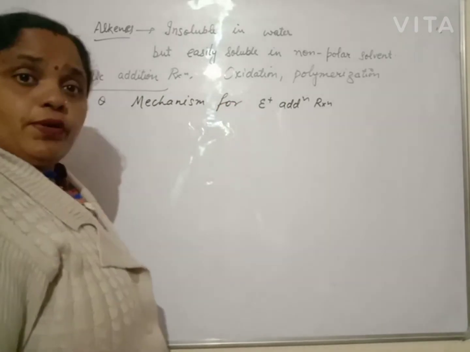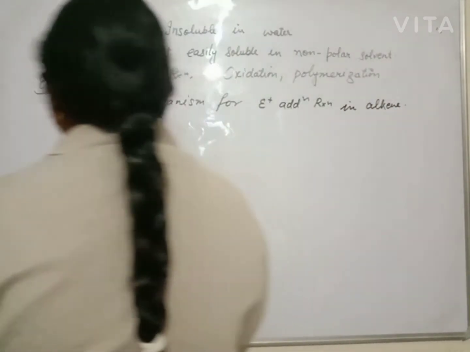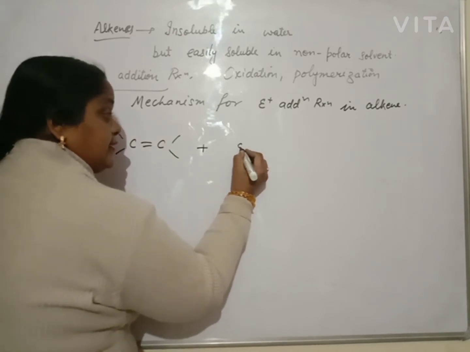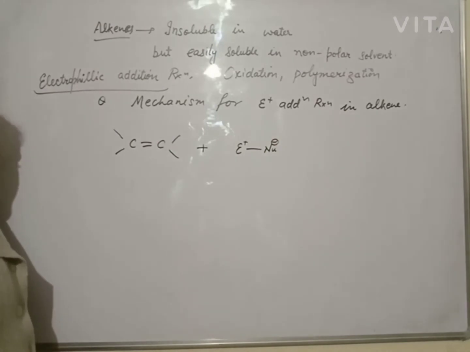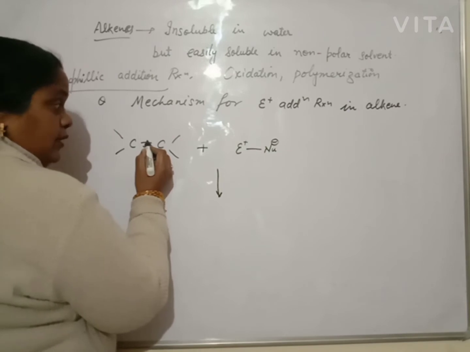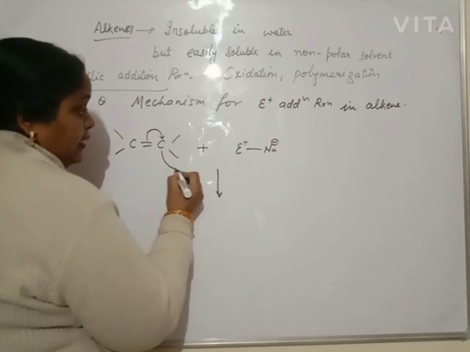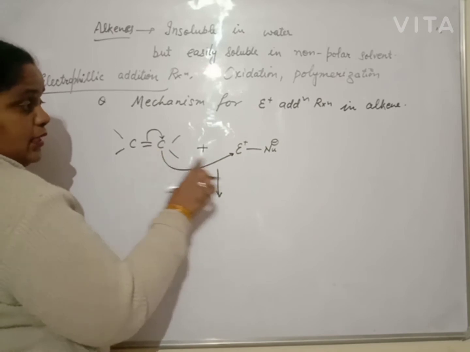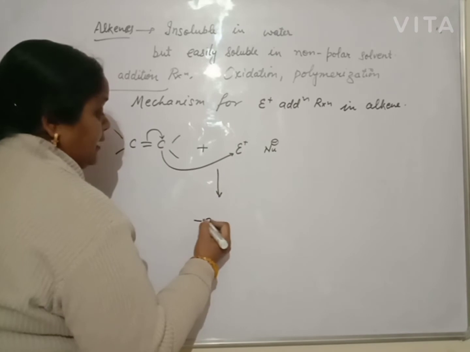Show the mechanism for electrophilic addition reaction in alkene. Beta, you have alkene and a reagent, electrophile and nucleophile. Reagent is completely unsymmetrical. Then what happens? This pi electron cloud shifts towards one carbon, and attacks the electrophile, which combines here, and we get carbocation.